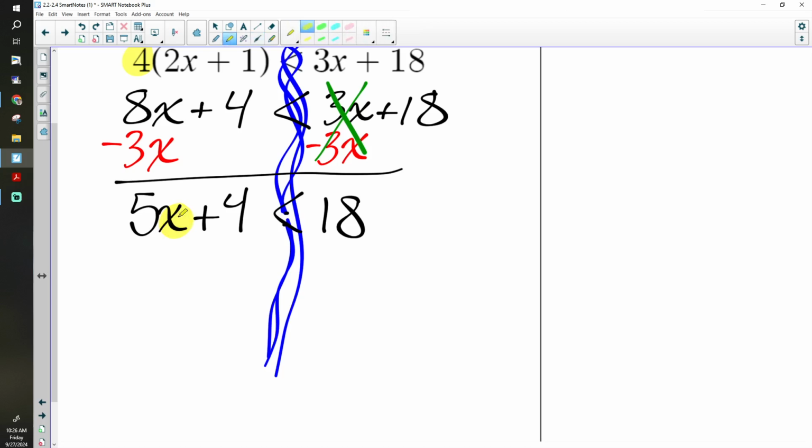Okay, x needs to be isolated. Whatever is not attached to the x needs to be moved. Go ahead, subtract your 4 from both sides. Getting that bad boy out. He's not allowed at the party. I don't know the gender of 4.